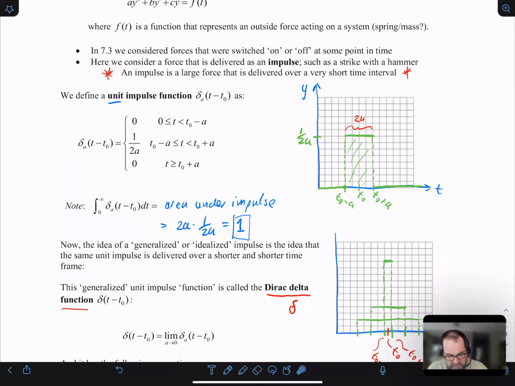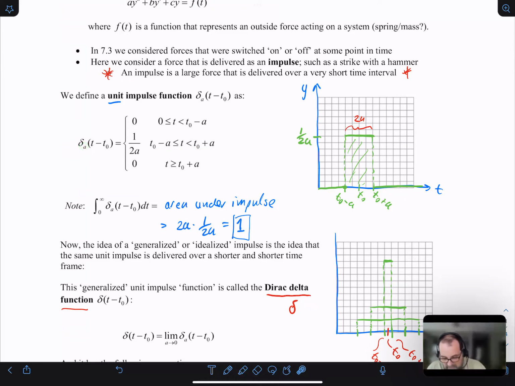The delta sub a unit impulse function is a piecewise function. It is zero everywhere, except for a very short interval where it is equal to 1 over 2a. The interval itself has a length of 2a. So this is what the a here is referring to.